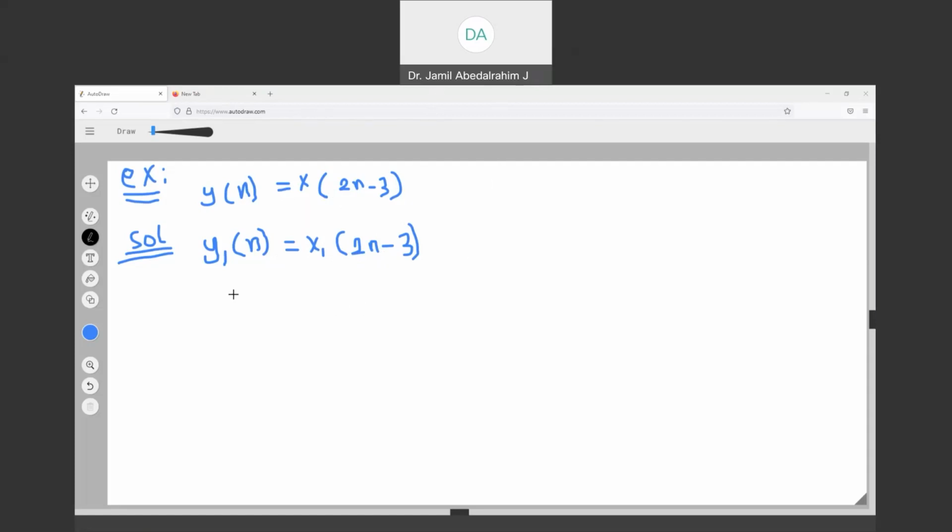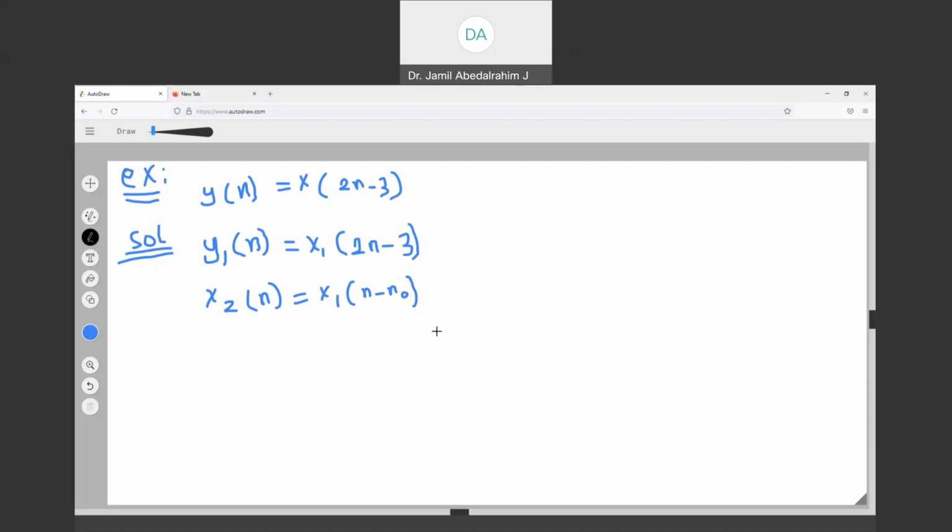Next step, we create a new input, which is x2 of n equal x1 of n minus n naught.